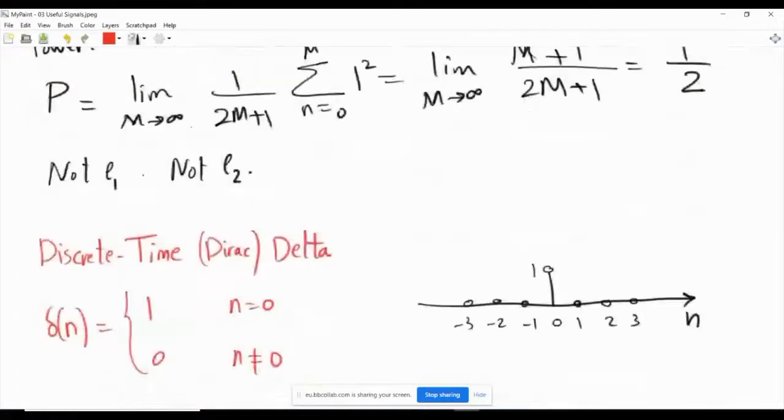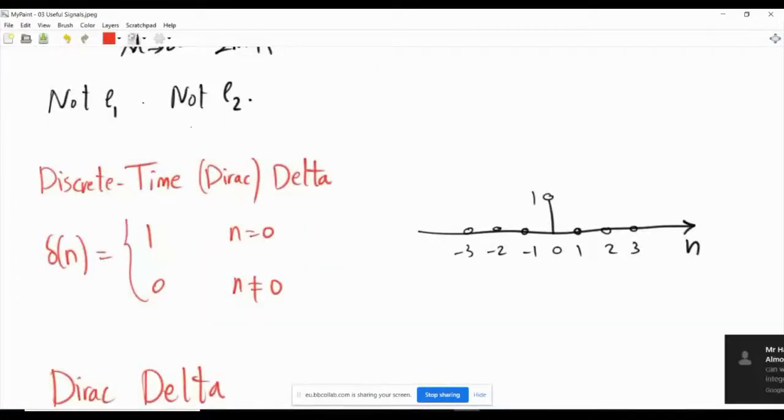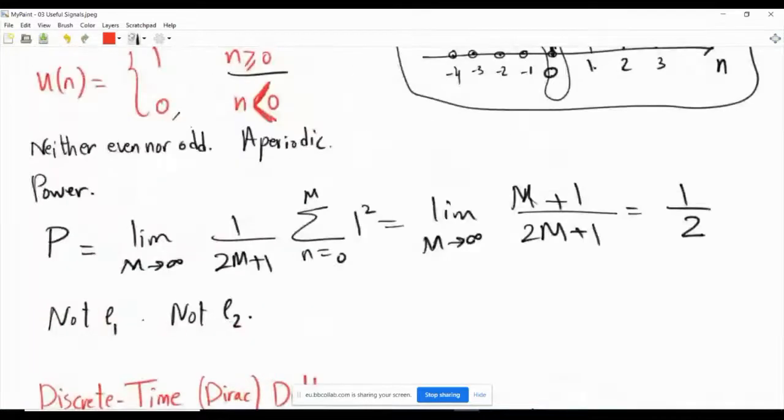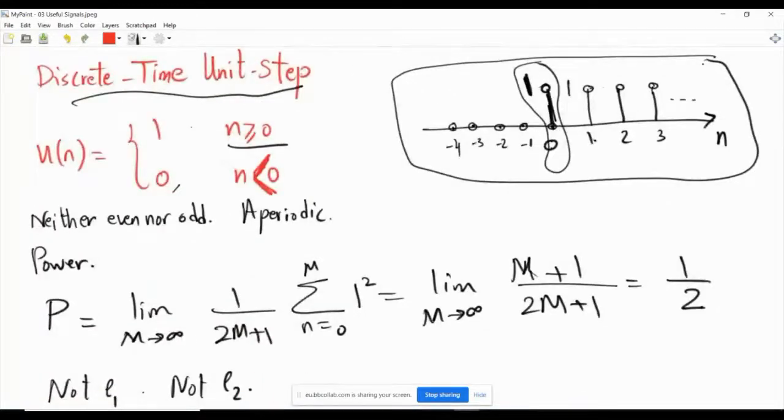Because this is a discrete time sequence, it is defined on the set of integers. It is undefined elsewhere. This is general for discrete time signals.